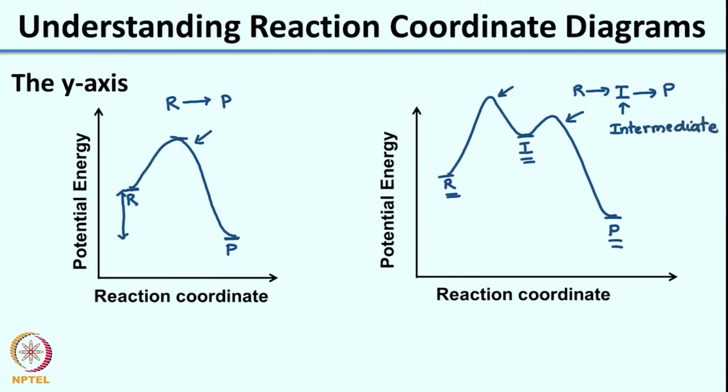And by now, if you have not understood, R is your reactant and P is your product. Looking at your y axis, you have an idea of the relative energy of R and P. In both these cases, you have R which is at a higher energy than P.